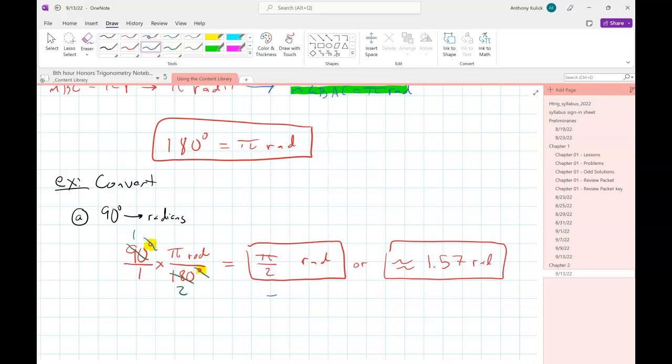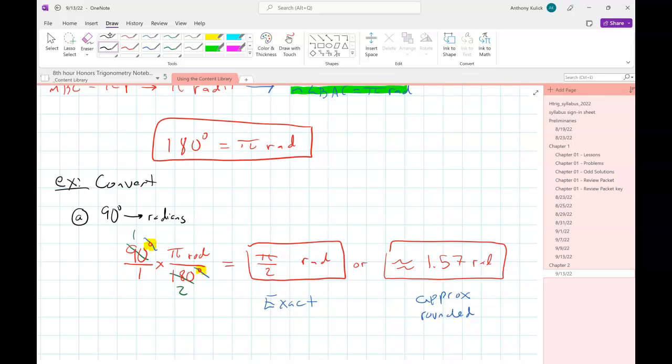The first answer we'd call an exact answer. The second answer we'd call an approximation or rounded, and I would call it better than an estimate. An estimate is usually something you don't use your calculator to get, but it's not a ridiculous answer. Which do you suppose that Mr. Kulik prefers?